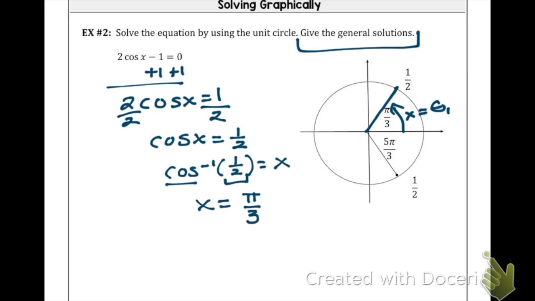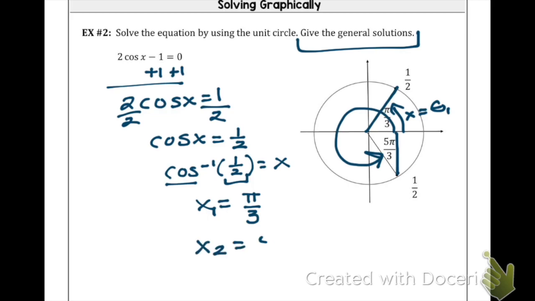But take notice that I also have a horizontal displacement of 1/2 at 5 pi over 3. So if I keep looping around and go to 5 pi over 3 or negative pi over 3, then I would get another solution. So our first option would be at pi over 3.